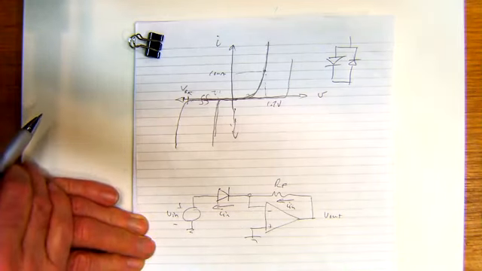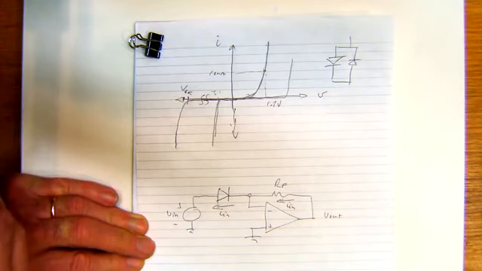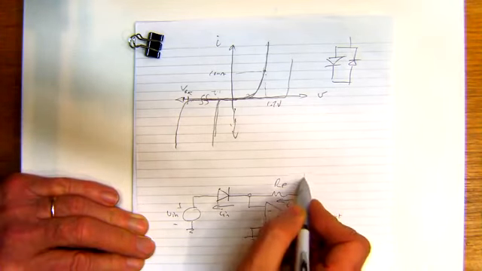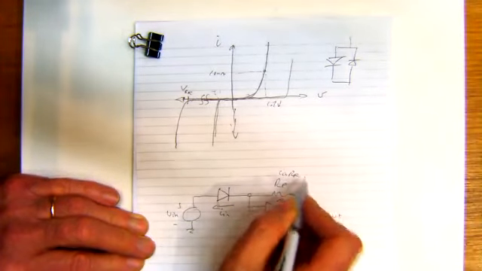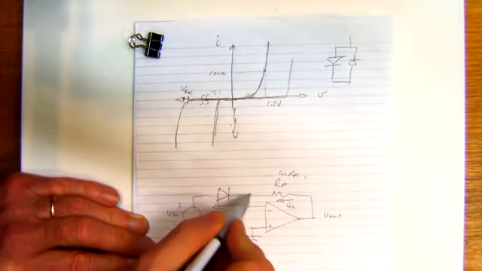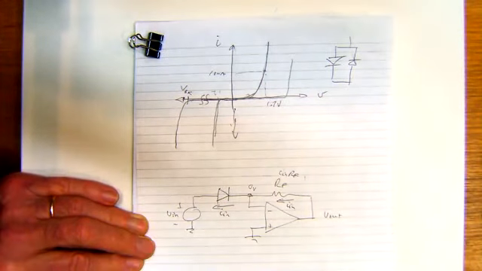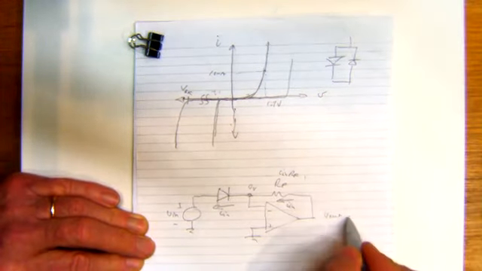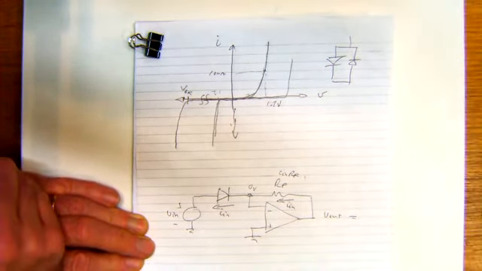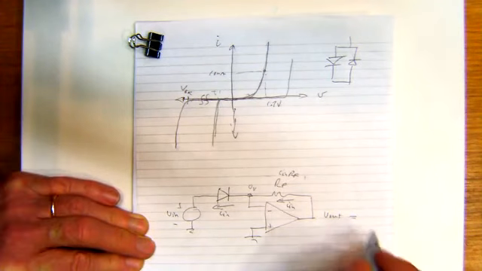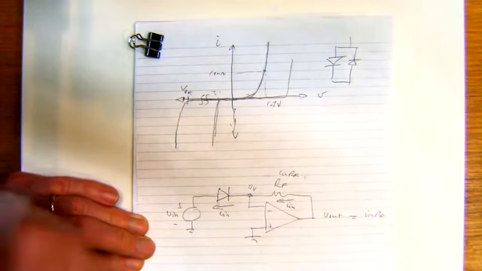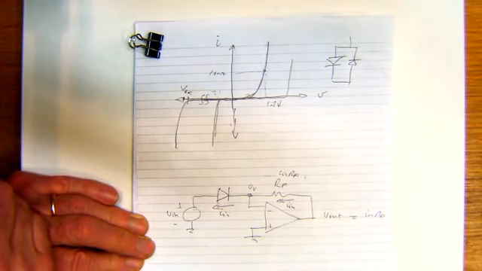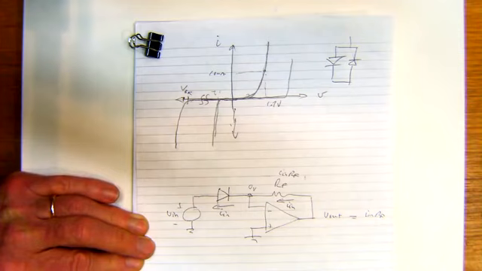Would you agree? Okay, so there'd be a voltage across RF of value I in times RF. And since this is notionally about 0 volts at that end, then V out is going to be equal to minus I in times RF, and so we can write a transfer function in terms of what would be a trans resistance.